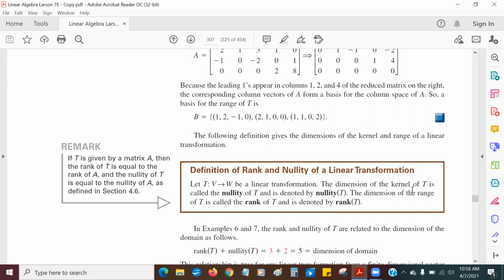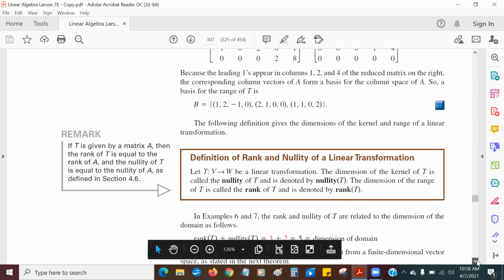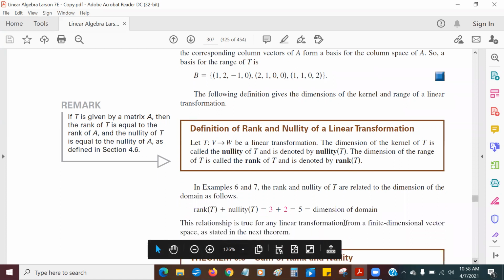The dimension of the kernel of T is called the nullity of T. The dimension of the range of T is called the rank of T, denoted rank T. And notice here that the rank of T plus the nullity of T, in the example we just had, which is 3 plus 2 equals 5, is the dimension of the domain.